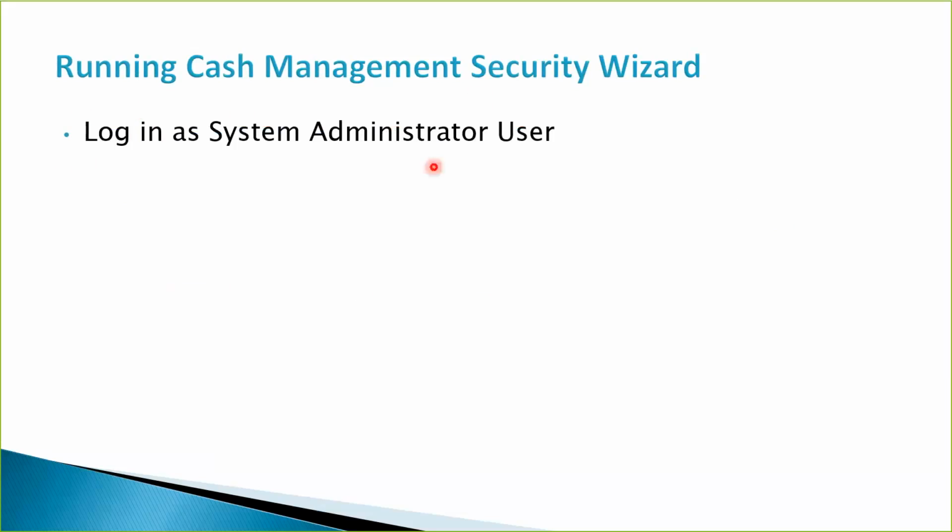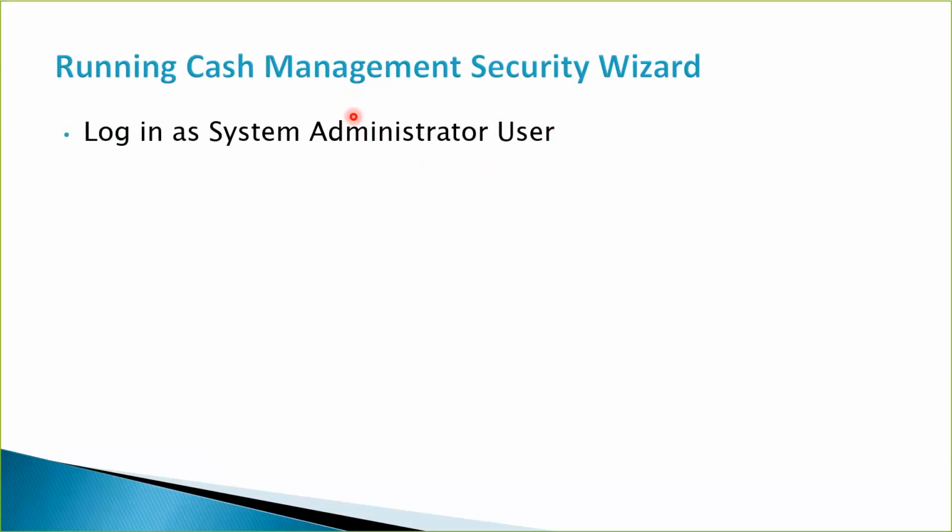Now, this is not the system administrator responsibility that we assigned ourselves. Rather, it's a sysadmin user that has many more control functions. Under that user, we have a responsibility called user management, which is the one we are going to use when running this security wizard.